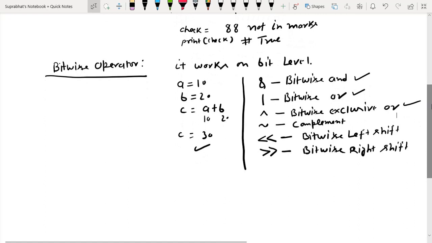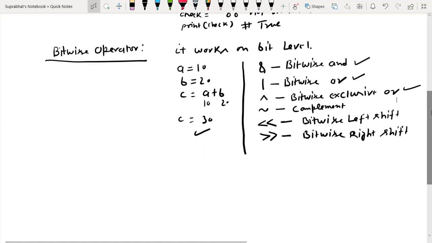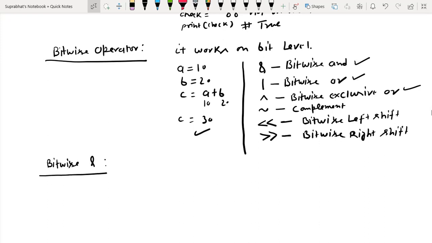So first of all, we will discuss bitwise AND. How does the bitwise AND operator work? For example, a equals 5 and b equals 6, and I am using it like a and b. Now I print c. What is the output?